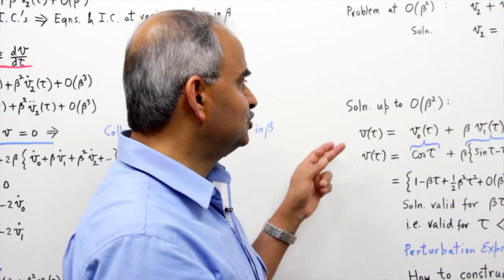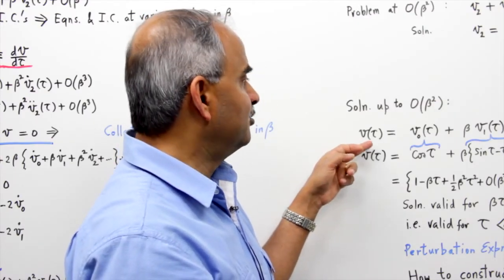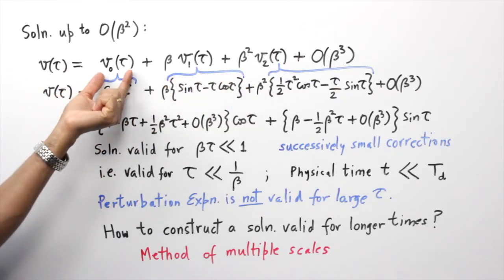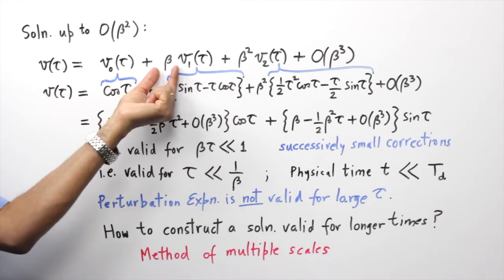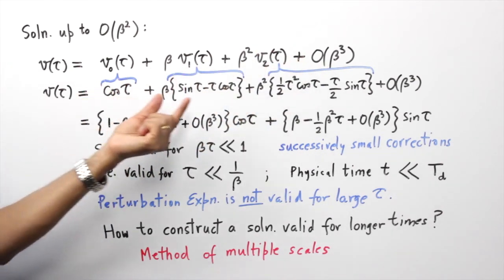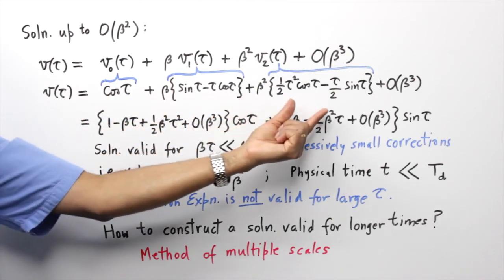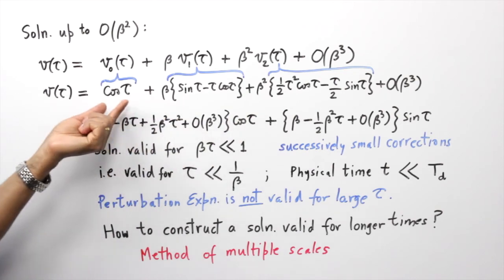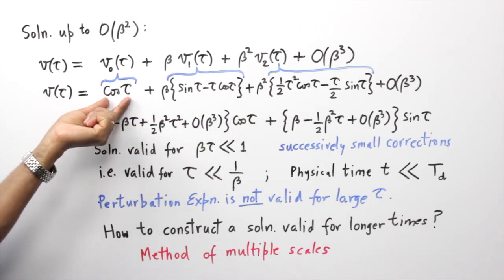So assembling these solutions that we have obtained, V of tau, remember, is a perturbation expansion. This is the leading order term. This is the first order correction in beta. This is the second order correction in beta, and so on. And we have already evaluated these, so we just substitute them here. And then once we have substituted them, we can reorder this. We can see that there is a cosine of tau here.